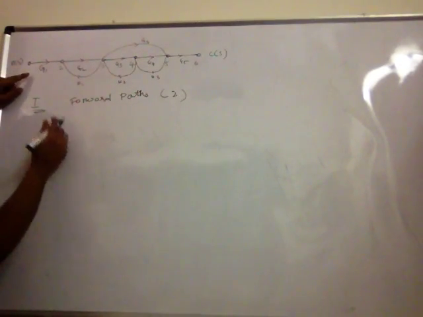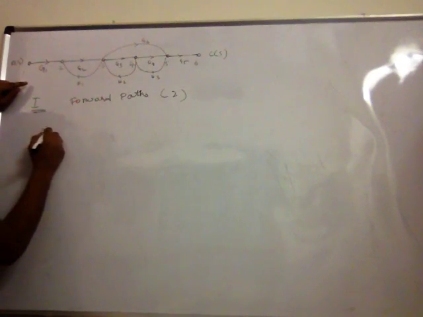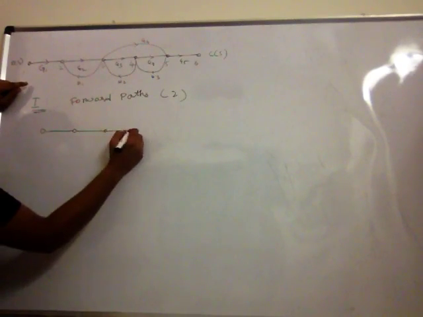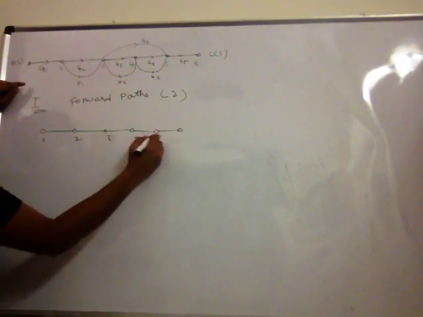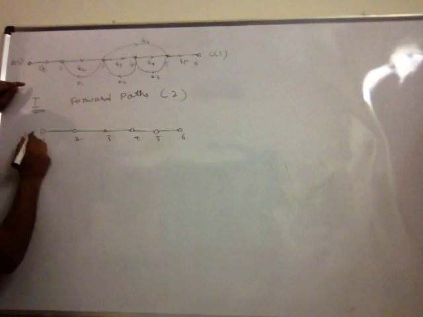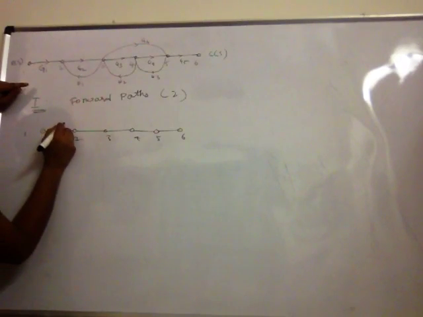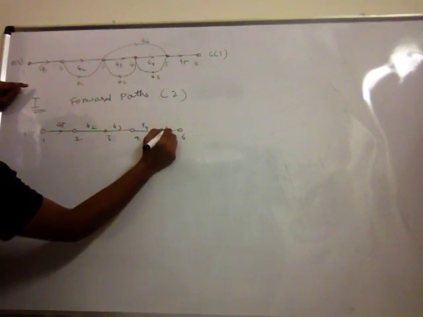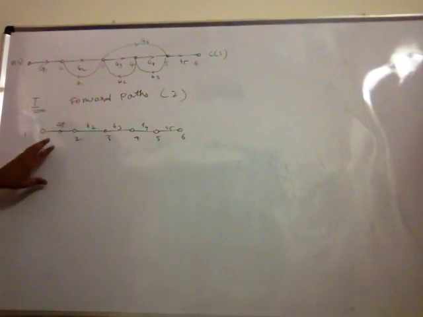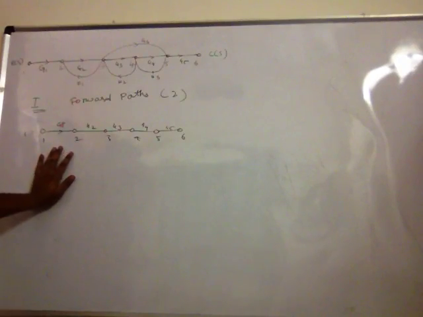The first forward path is the straight line from 1 to 6: 1, 2, 3, 4, 5 and 6. The gains are G1, G2, G3, G4 and G5. So this is the first forward path.